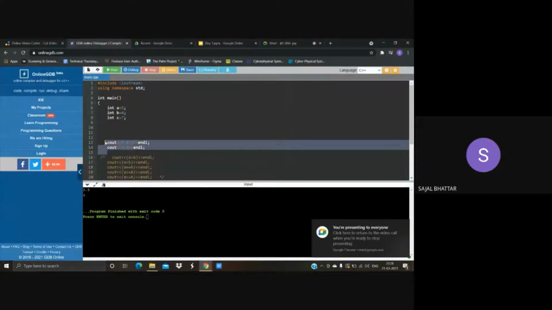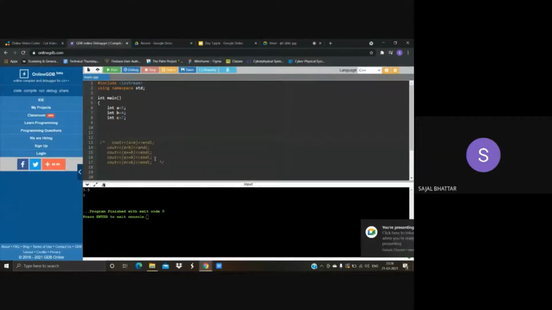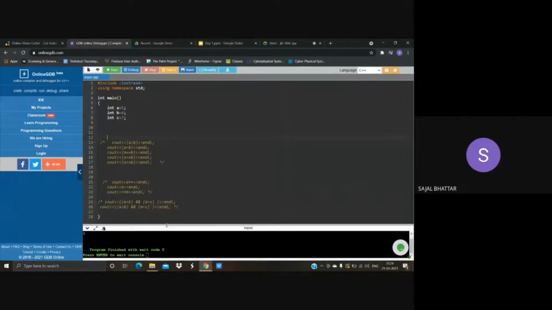Okay, so we've declared two variables at the top, a is equal to 5 and b is equal to 4. And now let's look at these lines of code. In the first line I'm incrementing the value of variable a by 1, but I'm using the plus plus operator as a postfix, and in the third line I'm using it as a prefix.